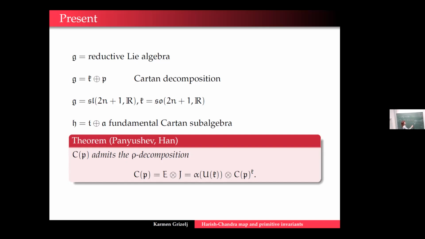This really is a product of two elements of P, so it is inside of the Clifford algebra of P. And again, extended to the whole universal enveloping algebra. So we have that nice decomposition.